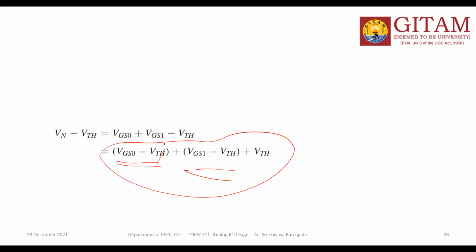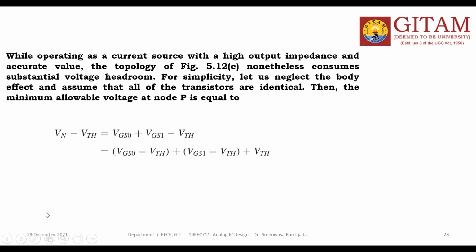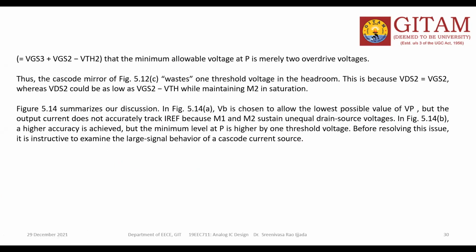So here is also VTH. This is extra VTH, extra VTH. So it is wasting extra threshold voltage in the headroom.